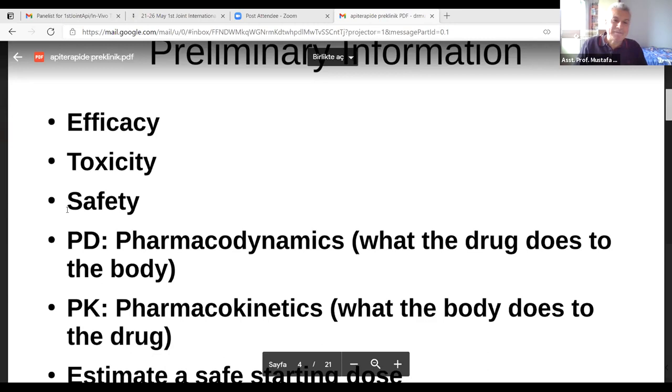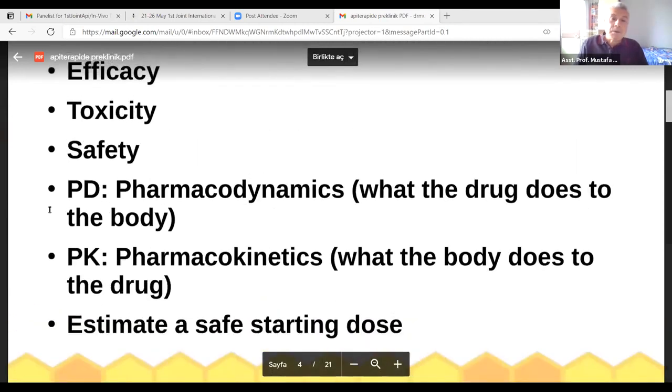Let's have a look at that. Because of these studies, we estimate the starting dose for human beings, how much propolis we should give, for example. The word is estimation, not determine, not exactly find out, just estimate, and then we adjust later on.